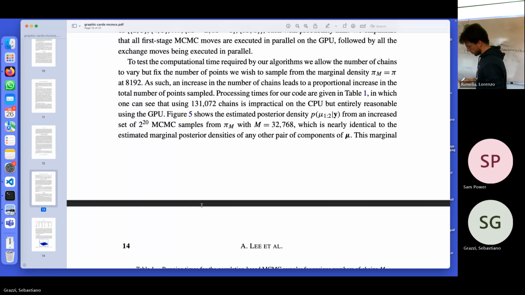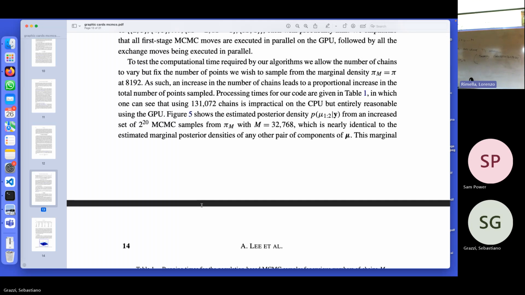And we start from t equal to 0, so we start from a very bad approximation of our target, and then we move to the next iteration. So we go to iteration 1.